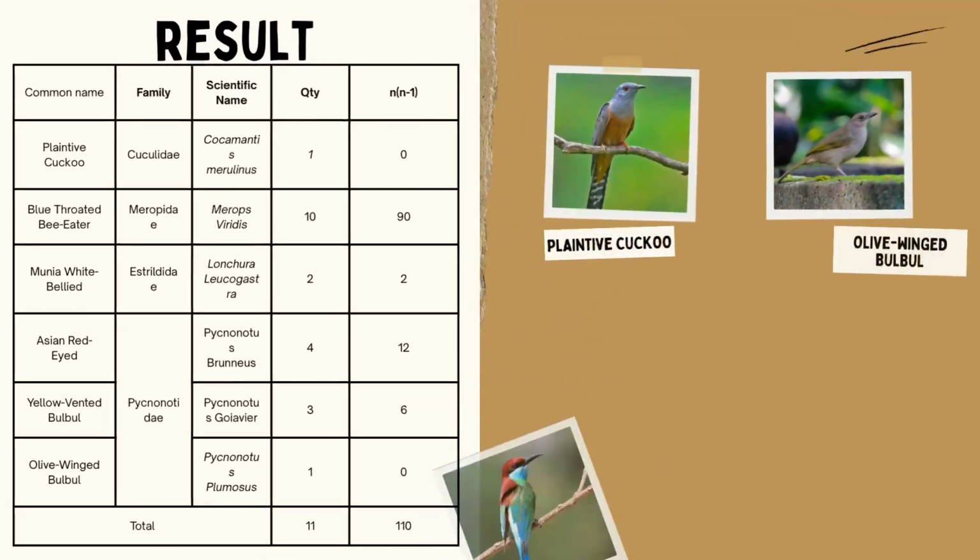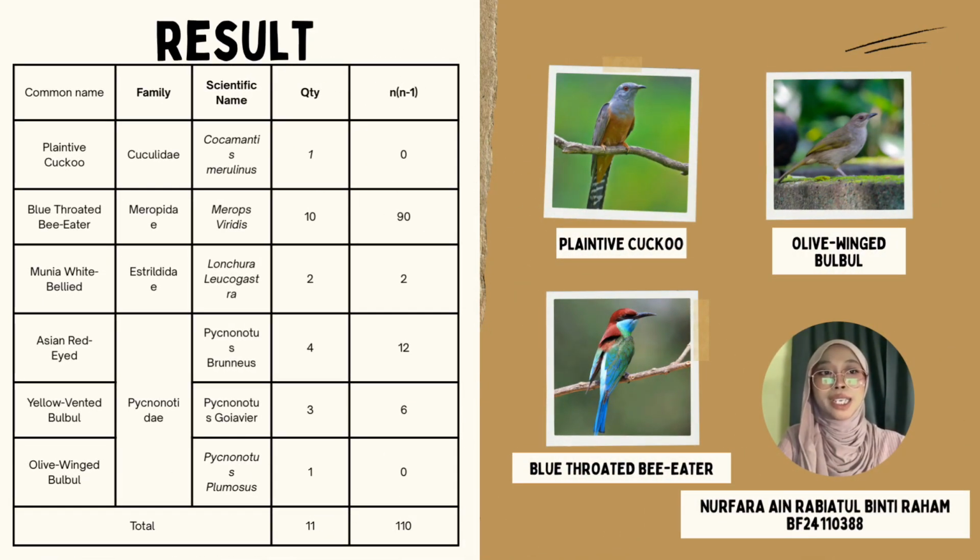The table presents the data used to calculate the Simpson Diversity Index D for bird species recorded in the study area. A total of 6 bird species from different families were observed. The table includes the common name, family, scientific name, and also the number of individuals, quantity N, for each species.